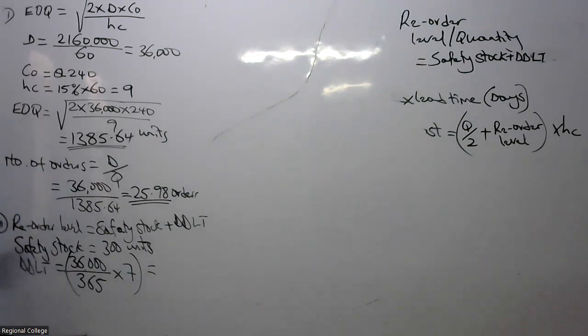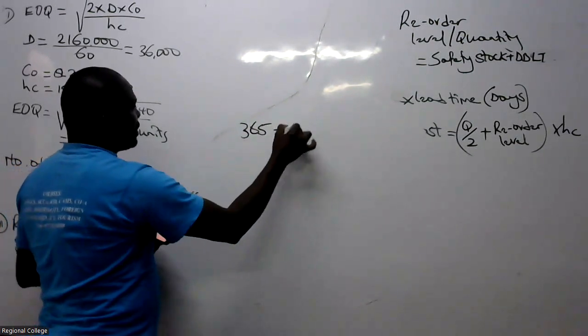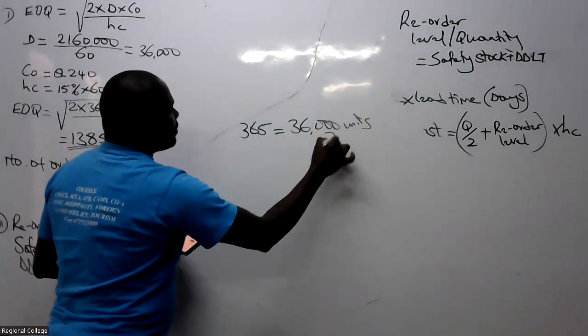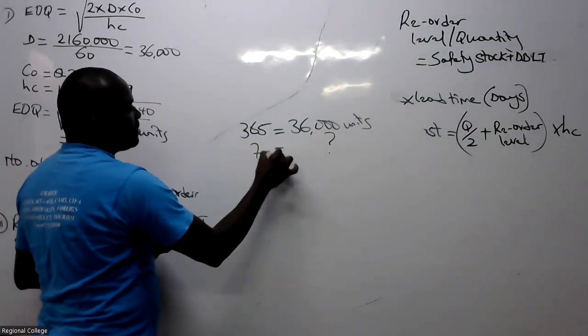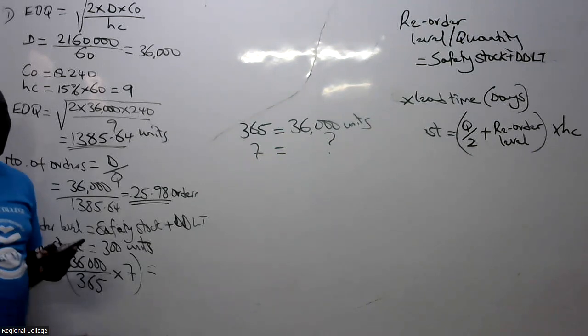So if for 365 days we need 36,000 units, how many units do we need for the 7 days that we shall be waiting for this stock to be delivered?